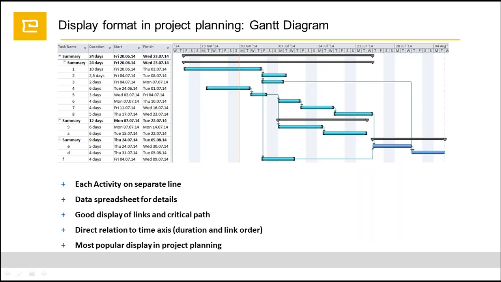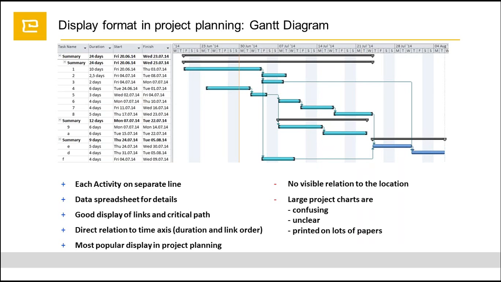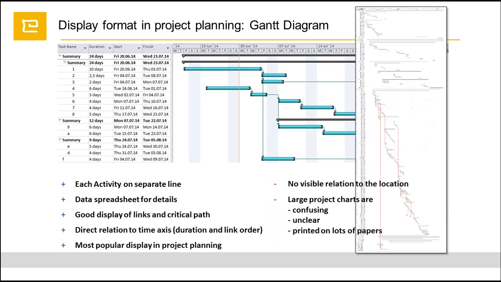It's the most popular display in project planning. However, we don't have any visual relation to the location of the tasks or activities, and with large project charts it is sometimes confusing and unclear, and we are printing a lot of paper.